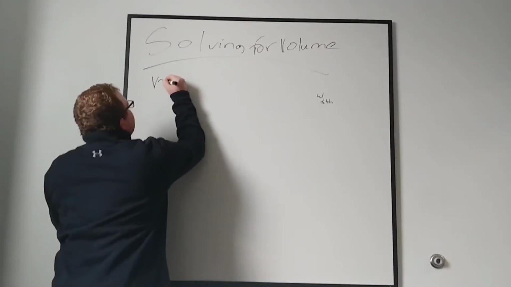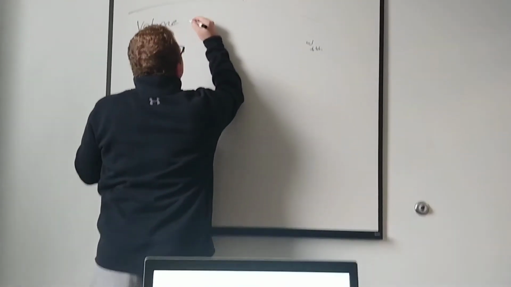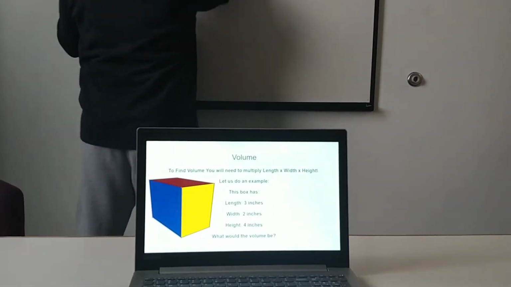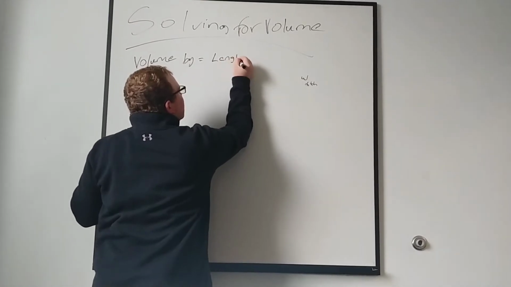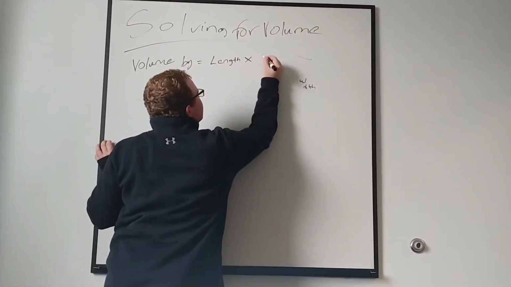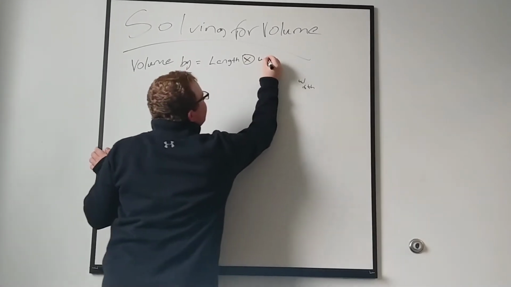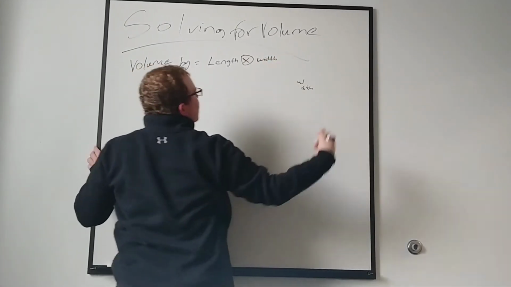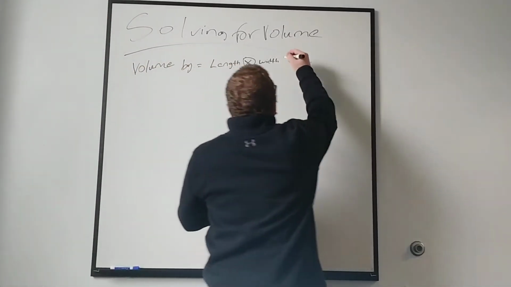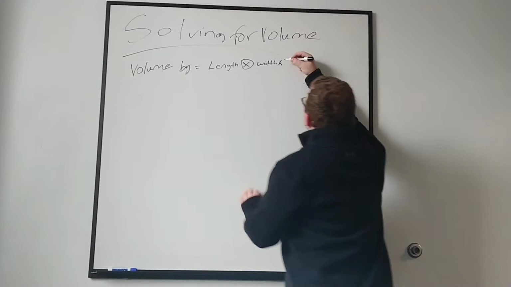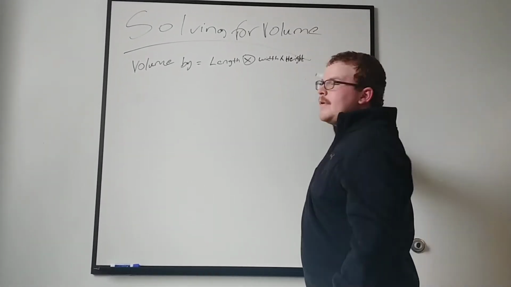So volume is solved by, like area, it uses length times, multiplication, of course, we're using our multiplication symbol, width. But this time, instead of just length times width, we're going to add another one. This is called height. Can everybody say height?